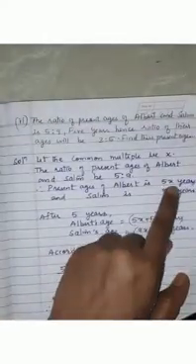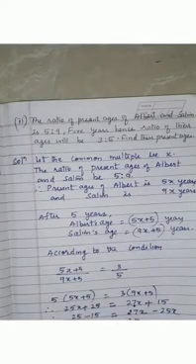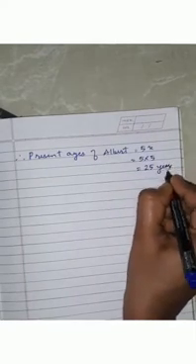What we calculated: 5 into x is 5x years. The value of x is 5, so 5x means 5 into 5, that is 25 years. Okay.